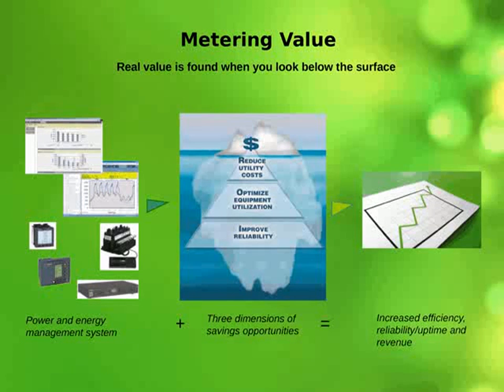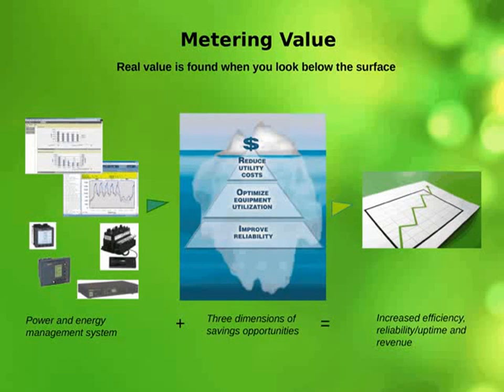Further down into the iceberg, you see optimized equipment and utilization, as well as below that, improved reliability. And this really is a depiction of when you look at a metering set and you are evaluating the meters themselves. A lot of what we will talk about in this presentation is how to find that value underneath the tip of that iceberg.